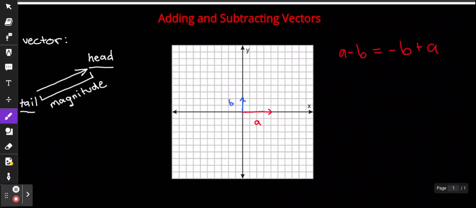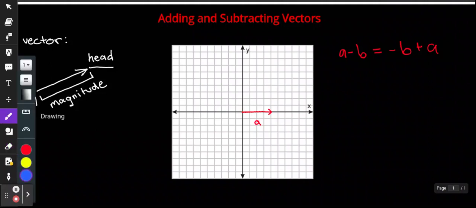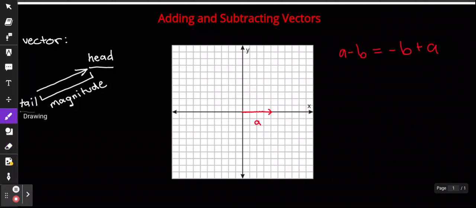So if we wanted to do a minus b, we would have to negate our blue vector. And negating our blue vector would mean having it in the opposite direction. So if that was 2 units up, our new vector is going to be 2 units down. So this is going to be negative b.